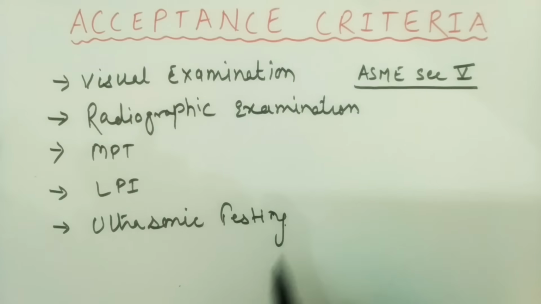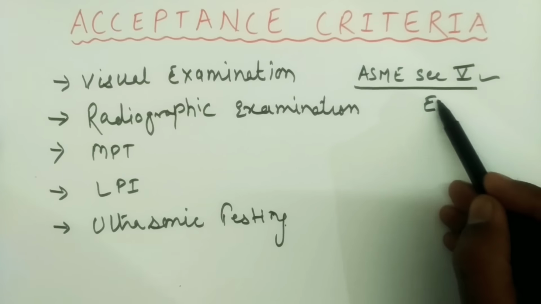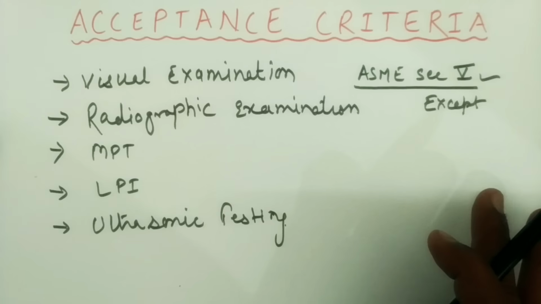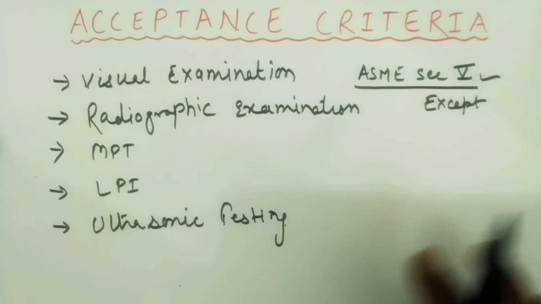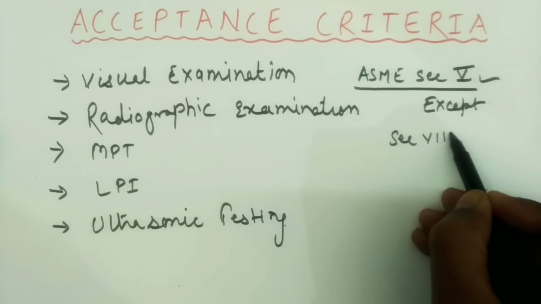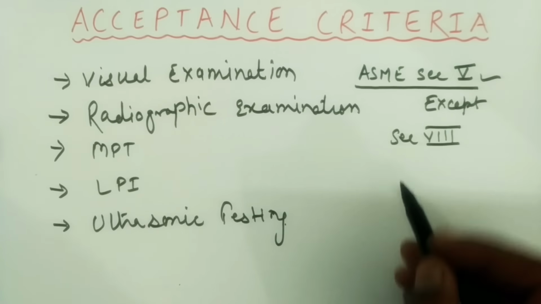Everything required for non-destructive test is mentioned in ASME section 5 except acceptance criteria. Acceptance criteria can be found in section 8. This is for rules for construction of pressure vessels.